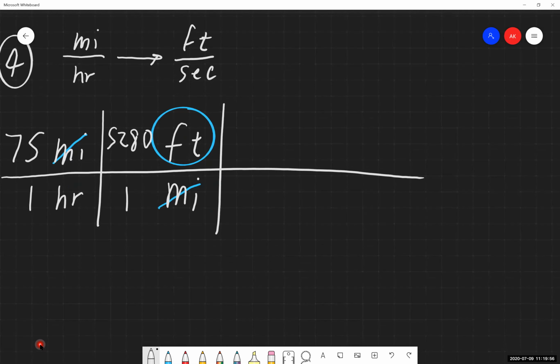Now I need to worry about and figure out how am I going to cancel hours and get that into being seconds. So we're actually going to follow pretty much the exact same process as we did with our previous ones, except now we just need to put the things that we're canceling in different spots in our fraction. So it's going to look like I don't have a direct hours to seconds conversion on my piece of paper.